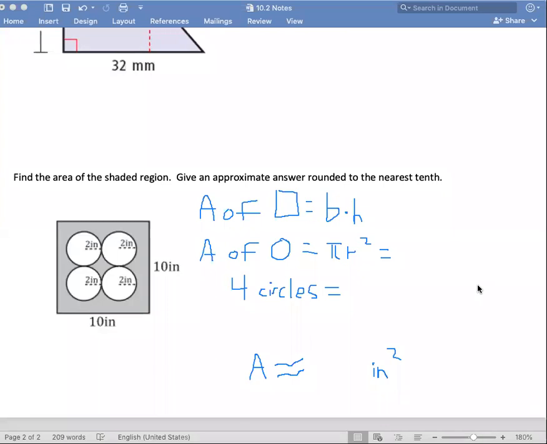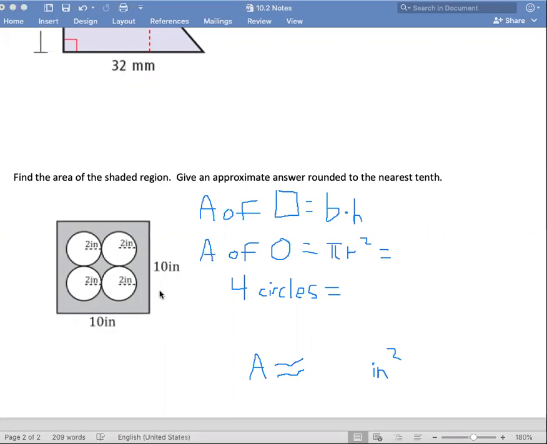All right, I hope you were able to get at least a little bit of a start on finding the area of this figure. The first thing that definitely jumps out at me is that the shape on the outside is a square. I know that it's a square because this side length is 10 and this side length is 10.